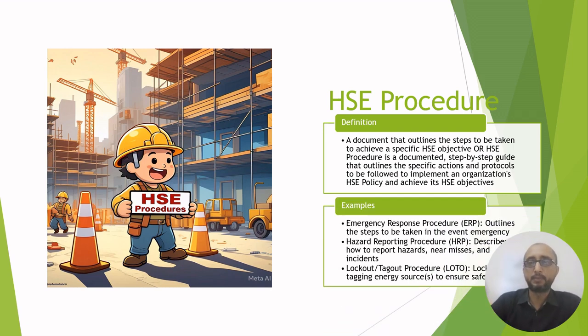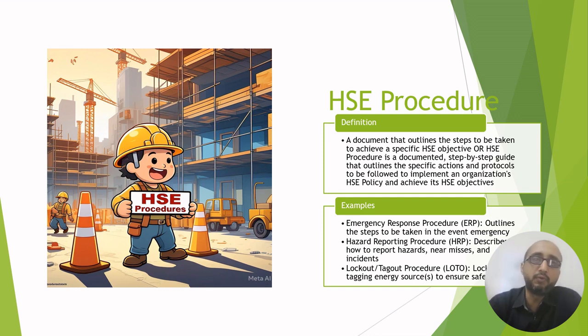Let's understand with an example. Let's say in the policy we have a goal that all emergencies must be controlled effectively. So for that we develop an emergency response procedure in which we mention all the steps or actions that we will take to make sure that we control the emergencies effectively. Like in the case of fire, first we describe that we need a good communication system, an effective communication system, alarm system.